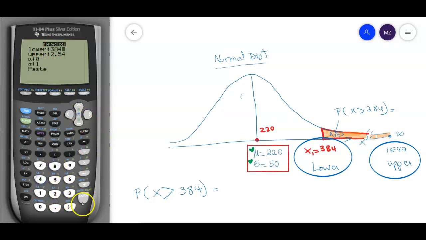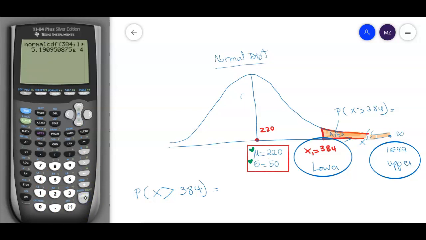Then we go to the upper bound. The upper bound is plus infinity, which is 1, then second, and then comma, which gives you the e, and then 99. Then we use the mean, which is 220, and then the standard deviation, which is 50, and enter.